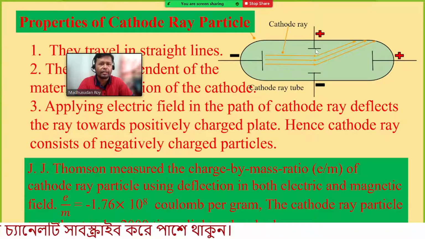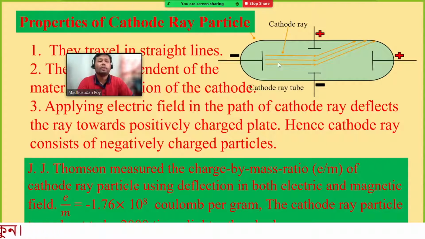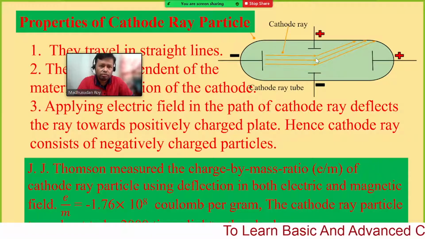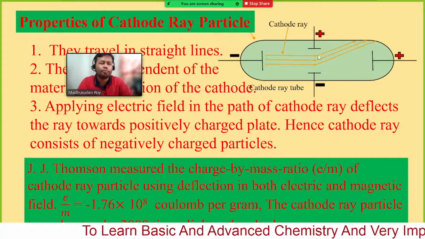These parallel lines are the cathode ray. Now we have applied a voltage, negative on one side and positive on the other, and you can see the cathode ray has been shifted, changing its direction towards the positive.